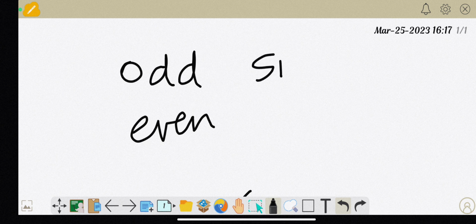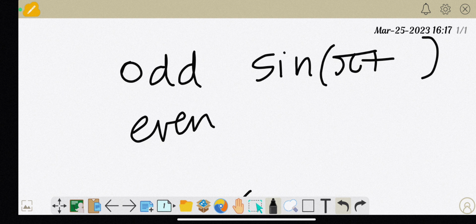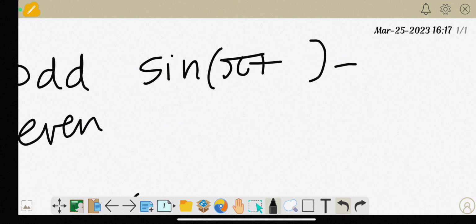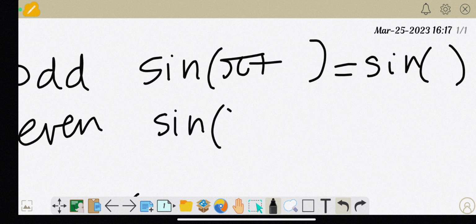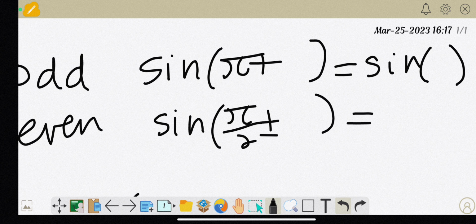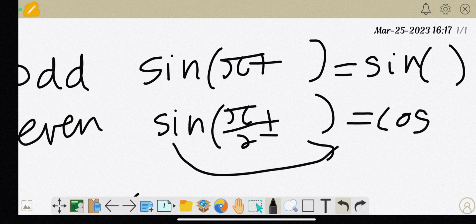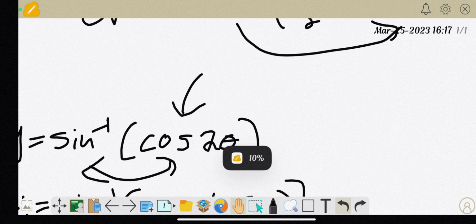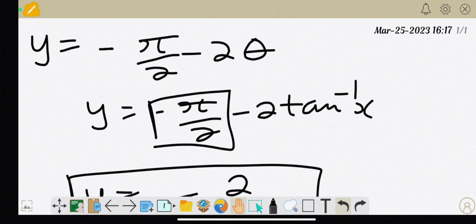If you write pi plus something, it will convert into an even function, so whatever you get is again sine of something. Odd function means pi by 2 plus or minus. If you do that, you will get odd functions. Sine's odd function is cosine, like that. So in this way you can solve this problem.